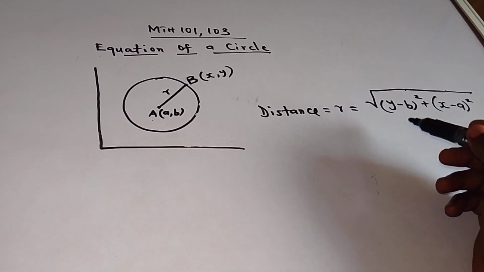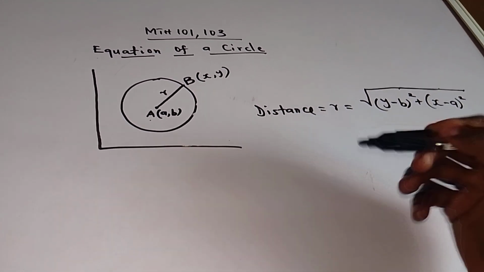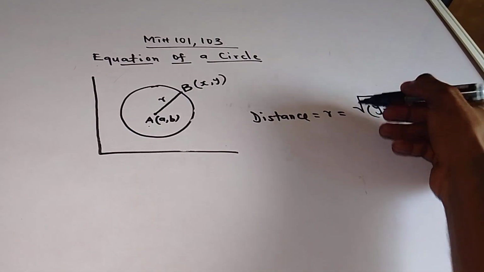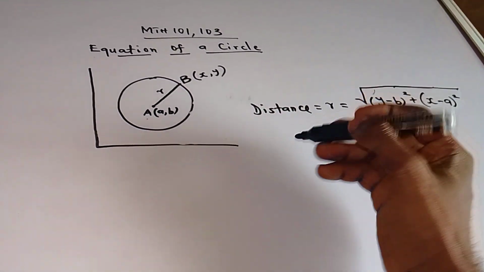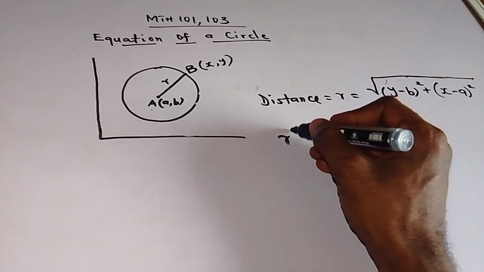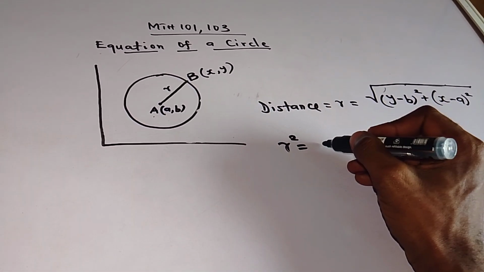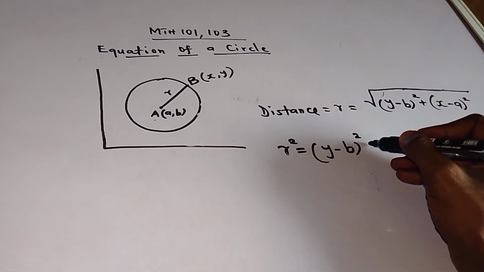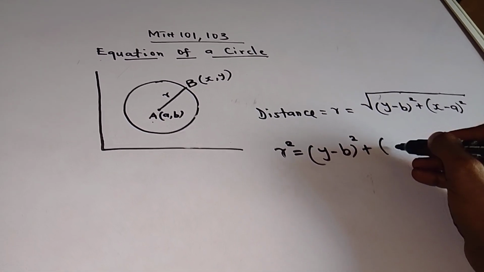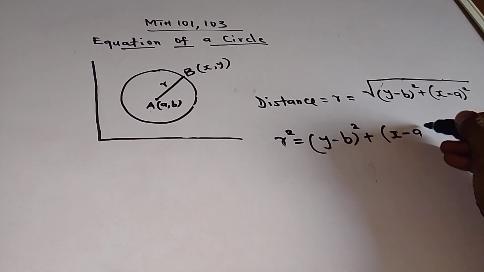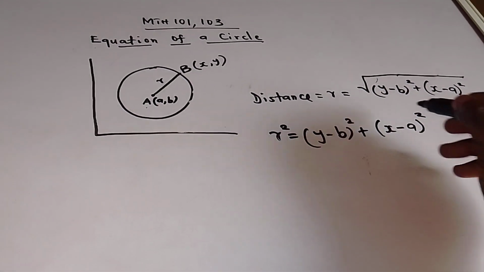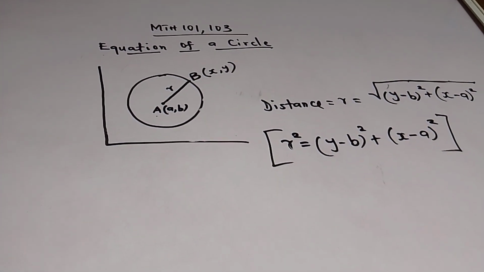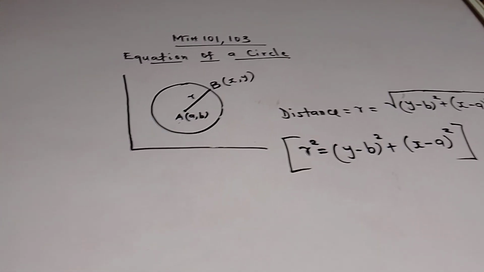The required equation that we are going to need is that we are going to square both sides. By squaring both sides, we cancel the square root, so we have r squared equal to (y minus b) squared plus (x minus a) squared. So this is the required equation in forming the equation of a circle.